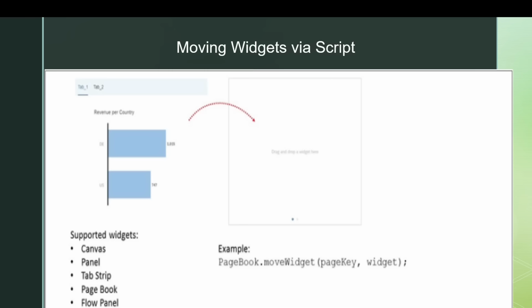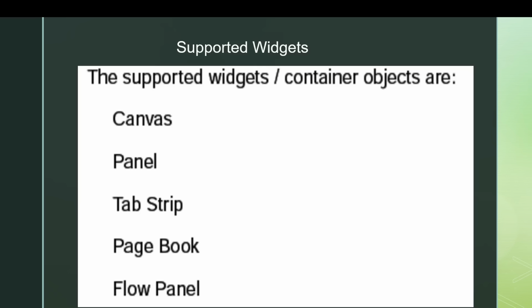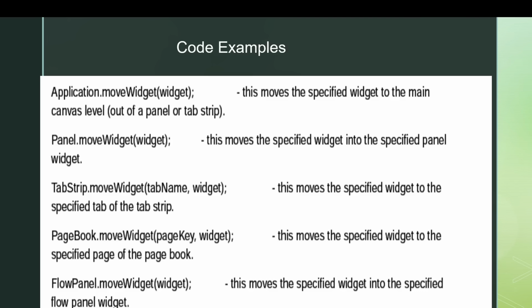The supported widget container objects, as we have discussed earlier, are the canvas. We can move widgets into the canvas, the panel, a tab strip, page book and flow panel. So here are some code examples which we will use to move widgets.